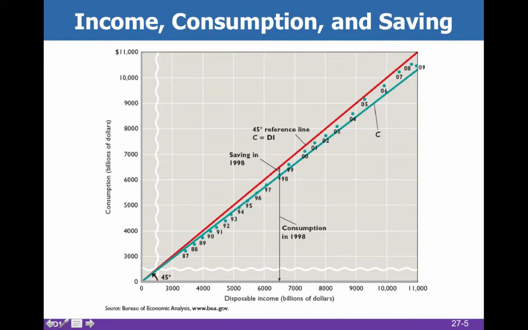And then different years, you can see what the United States was doing in billions of dollars. So we made as a group in 1999 a little bit less than 7 trillion, it looks like, and spent just a little bit less. So the difference between the two is saving.